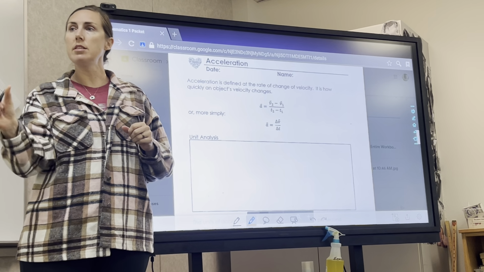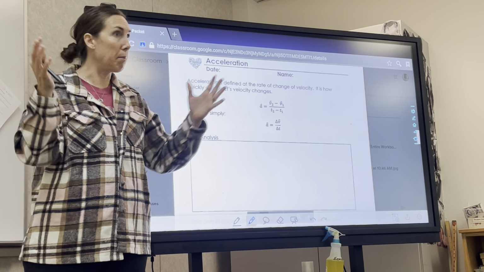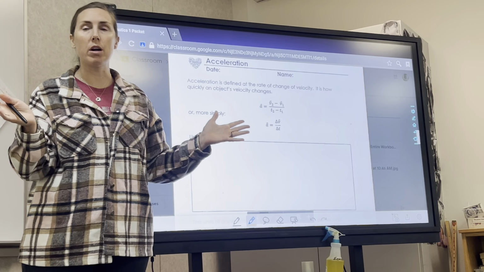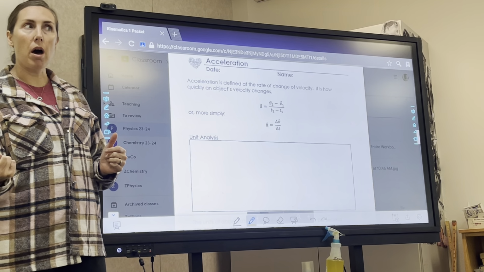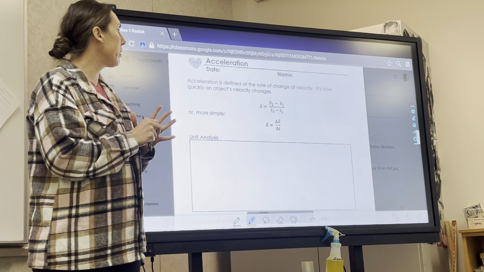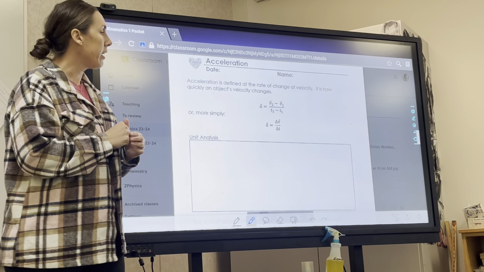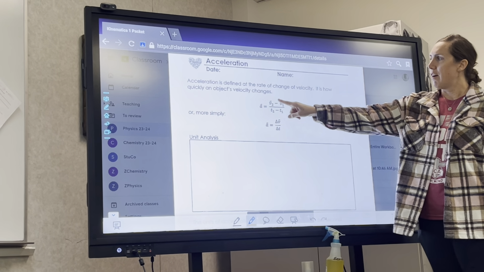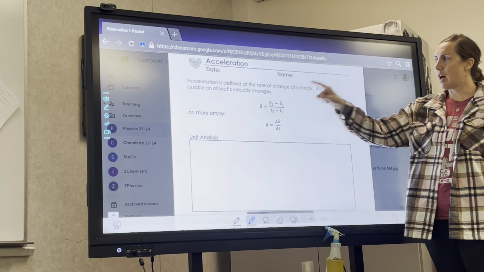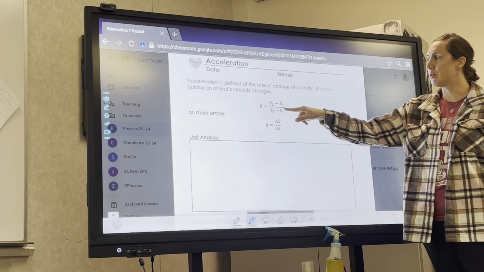So you're going to have velocity units, like meters per second or kilometers per hour, and then you're going to have another time measurement on the bottom. So first off, here's the formula: velocity 2 minus velocity 1 all over time 2 minus time 1.